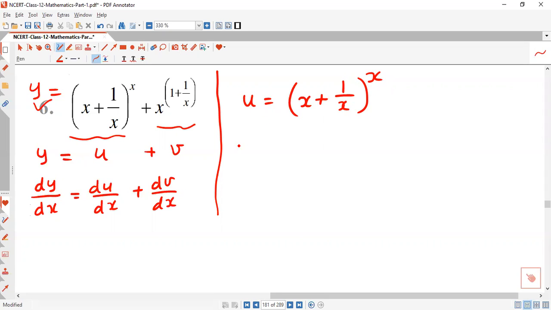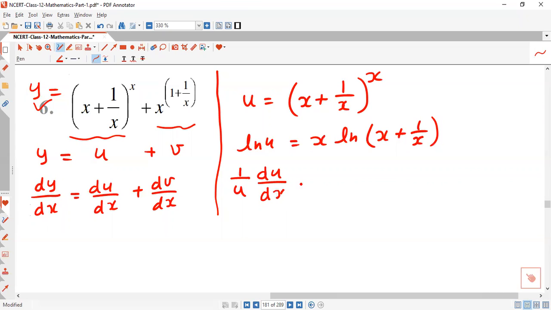Taking log on both sides, we get log u equal to x times log of x plus 1 upon x. Now do the differentiation with respect to x. You get 1 upon u du by dx equal to, first function x, differentiation of x is 1, into second function as it is, plus first function, now do the differentiation of the second part.